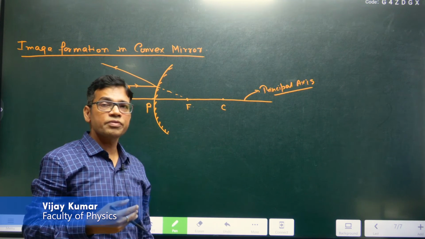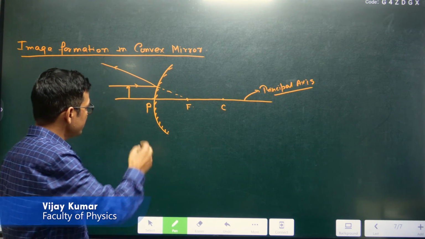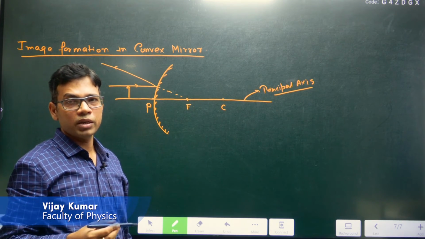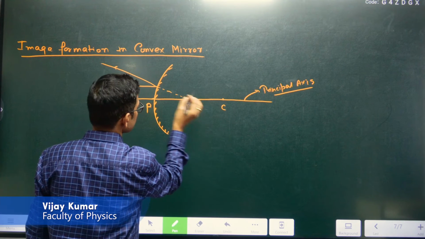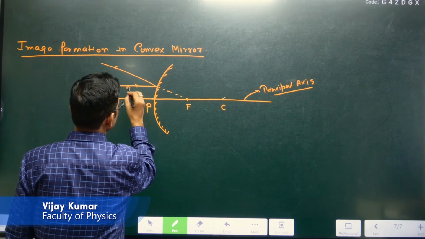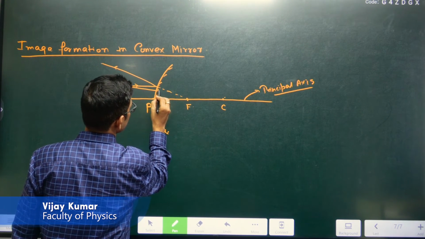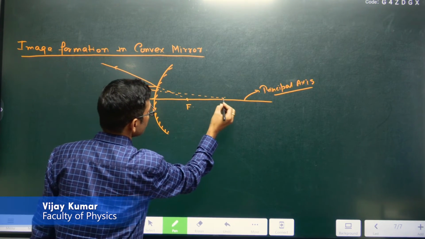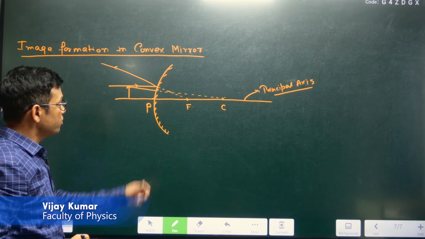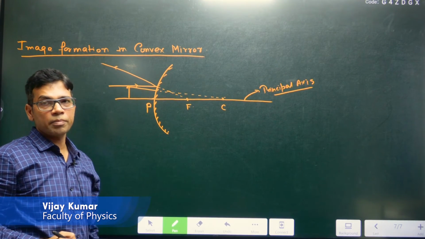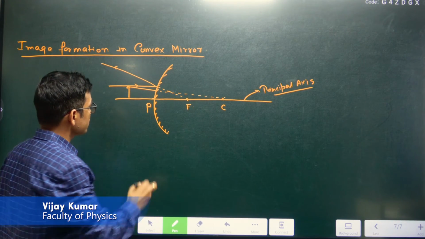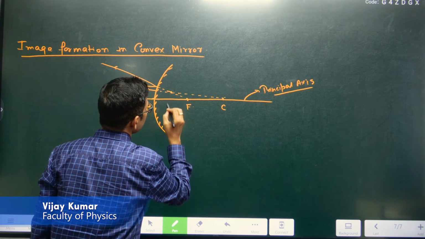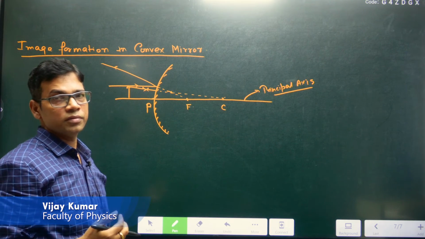And the second rule, as we know, is that when a ray passes toward the center of curvature, it retraces its path. There is no deviation for this ray, and this is the intersection point of the two rays.